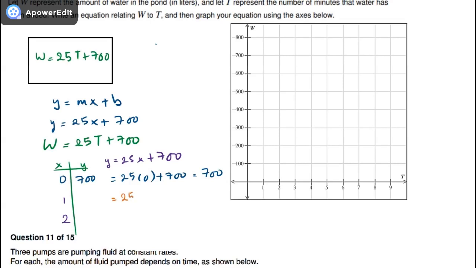So 25 times 1 plus 700 will give me 725. Then we plug in the last number, 2. 25 times 2 plus 700 will give you 750.